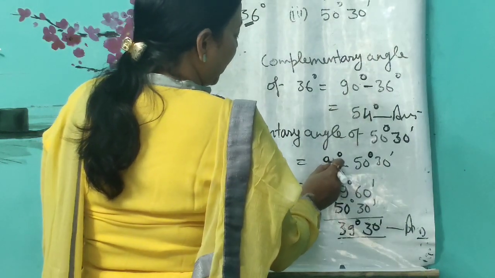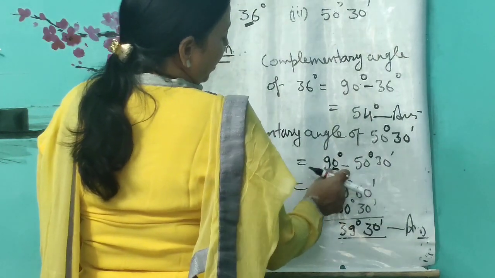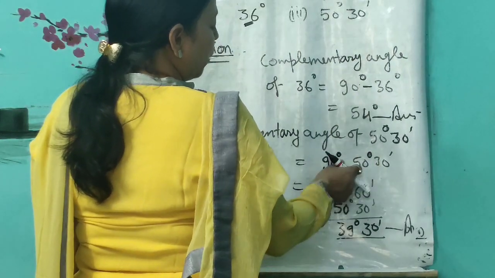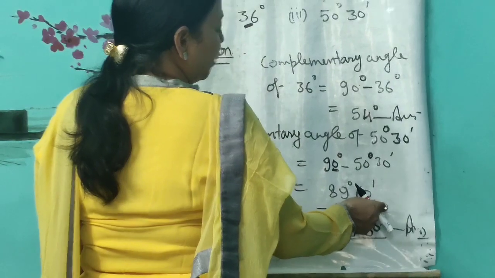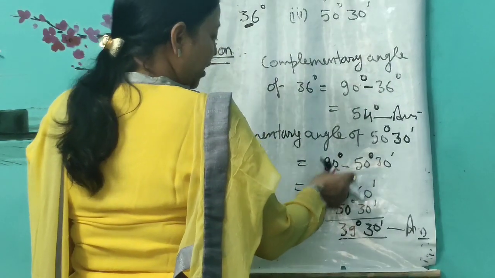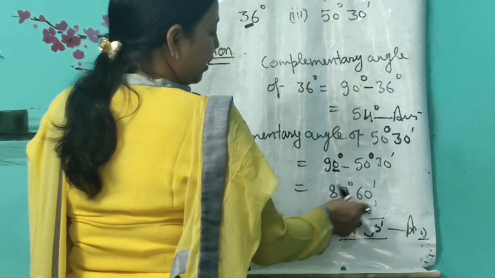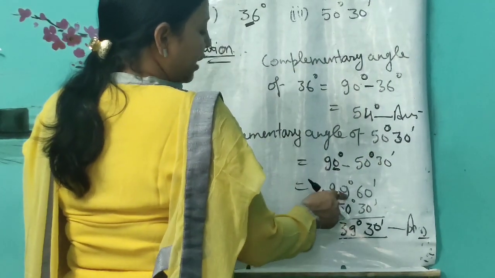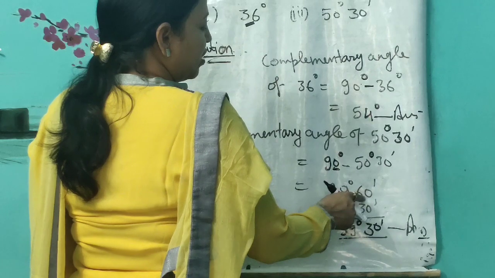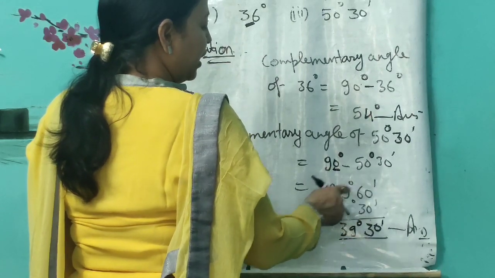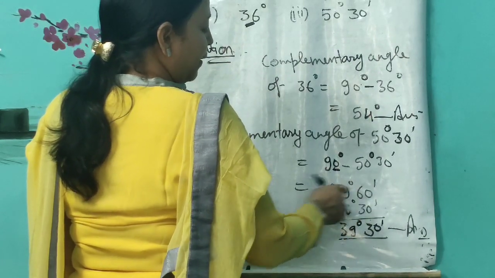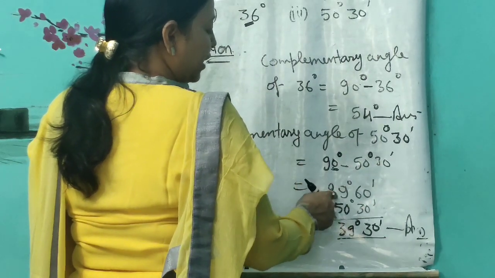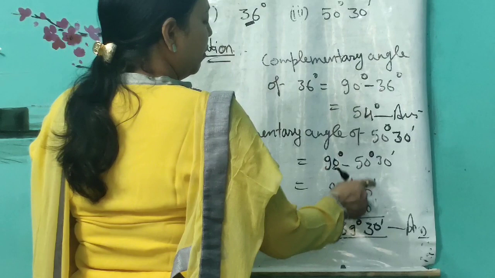So this will become 89 degree, and 1 degree we will change into minutes. So we can write 90 degree as 89 degree 60 minutes also. 60 minutes means 1 degree, and 1 degree plus 89 degree will be 90 degree. So 90 degree can be written as 89 degree 60 minutes.